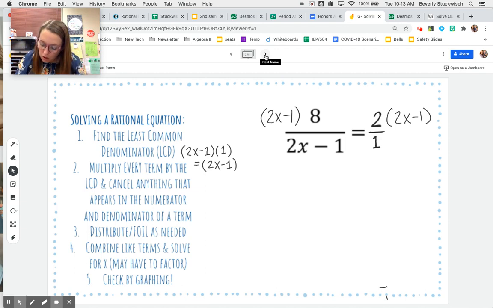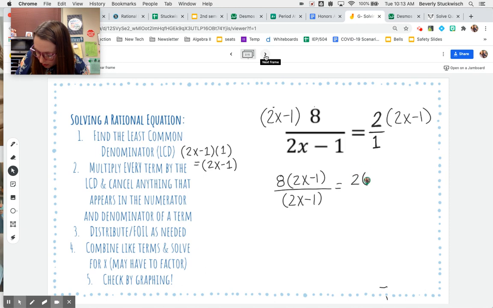Okay. On the left side here, that means I'm just going to distribute. Oh, getting ahead of myself. Sorry. So on the left side here, I've got 8 times 2x minus 1 over 2x minus 1. And on the right side, I've got 2 times 2x minus 1 over 1. On the left, we can see we have 2x minus 1 on the top and the bottom, so that cancels.